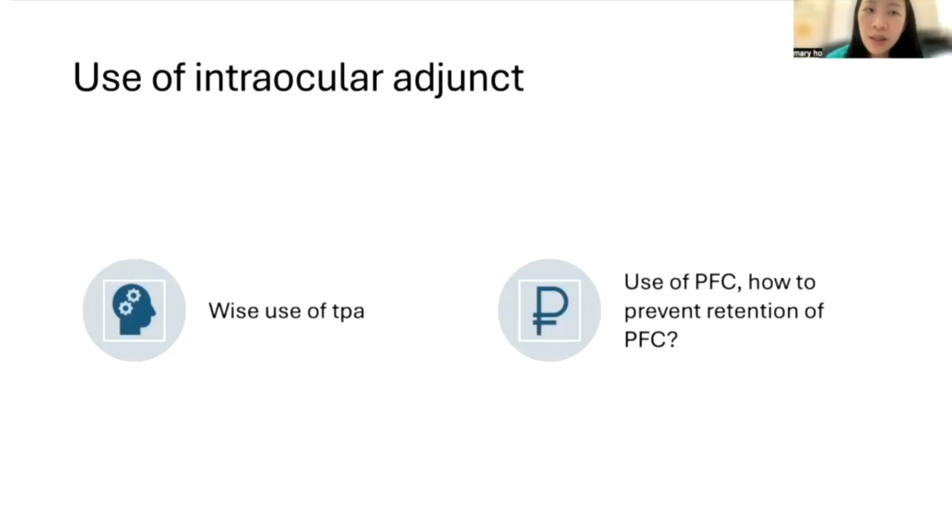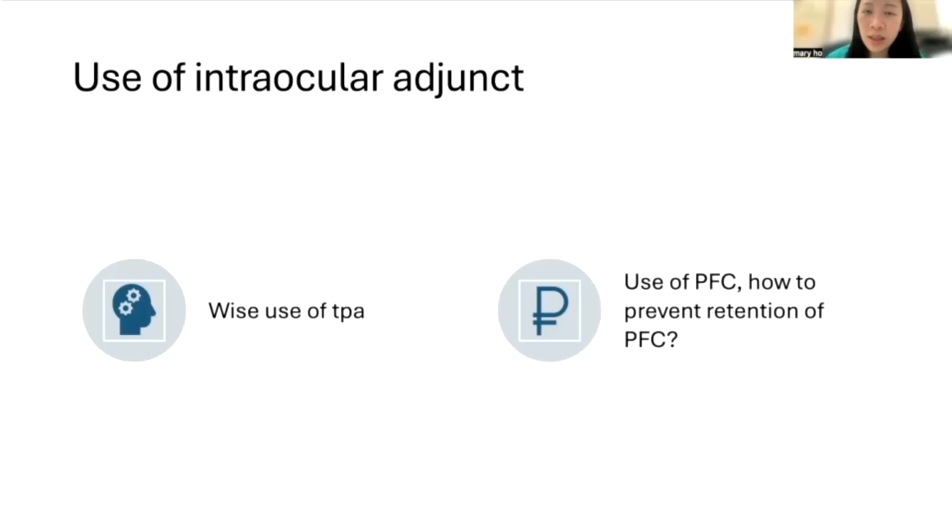So we have to use an intraocular agent to help us remove the lens. For example, we use PFC to float up the lens to the anterior chamber before we can do further manipulation. So how can we avoid retention of the PFC, especially when you open up the wound, it causes a bit of turbulence by injection, and it causes a lot of small globule formation of the PFC.